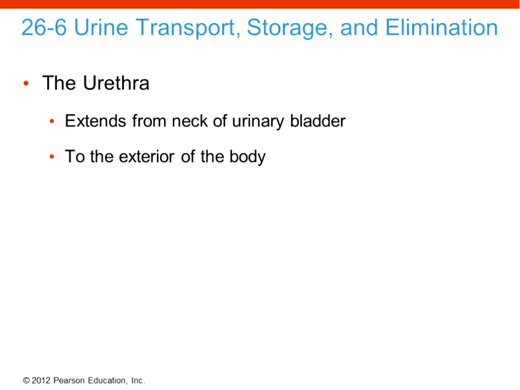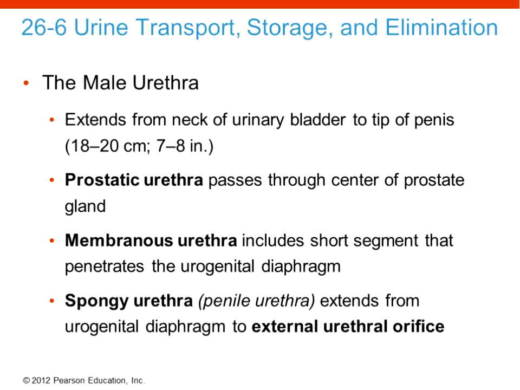The urethra, again, extends from the bladder to the exterior of the body, and this is the last component. Talked about the difference between the male and the female. The male extends from the urinary bladder to the tip of the penis, and has what's called a prostatic urethra. It basically passes right through what's called the prostate gland.